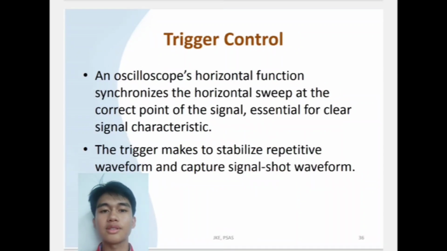Trigger controls. An oscilloscope trigger function synchronizes the horizontal sweep at the correct point of the signal, essential for clear signal characteristics. The trigger stabilizes repetitive waveforms and captures single-shot waveforms.